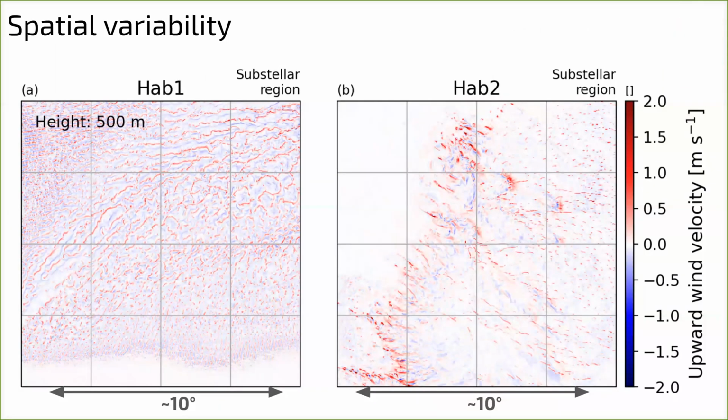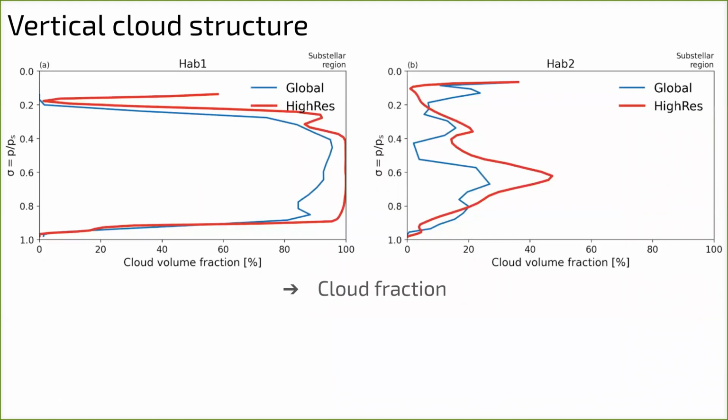And this snapshot, for example, shows updrafts and downdrafts for these two atmospheric compositions, and you can see that there are differences not only in the strength of the updrafts and downdrafts, but also their pattern. And this presumably results in a different distribution of thermodynamic variables. For example, we see indeed that the cloud fraction profile for this region is different. In high res, there are more clouds.